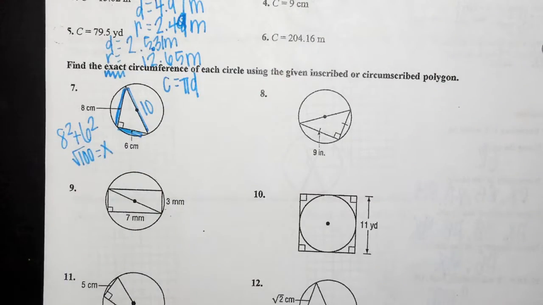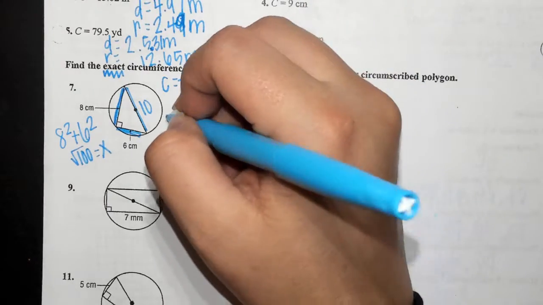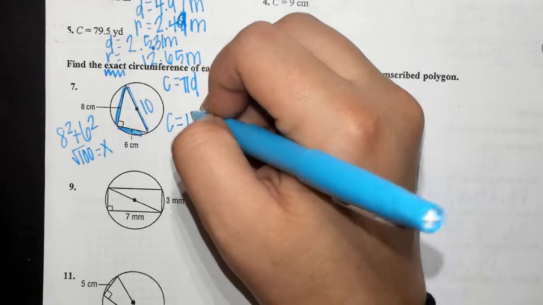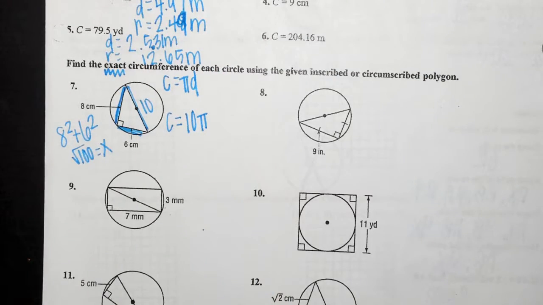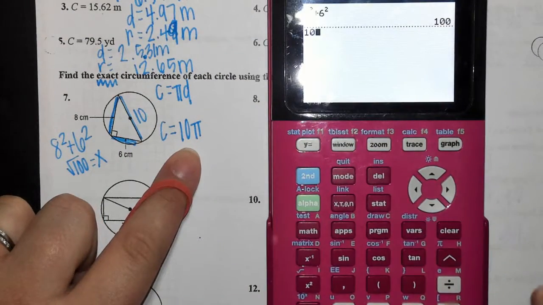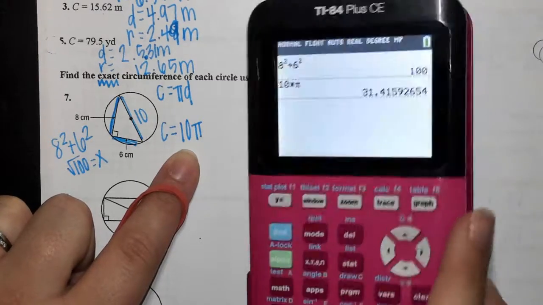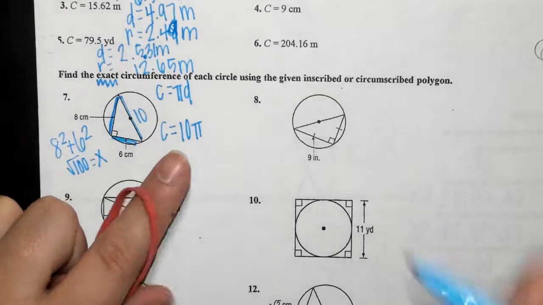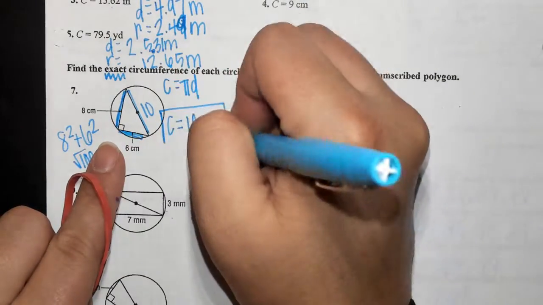So here's what I mean by exact circumference. When I plug in the diameter, my exact circumference is 10 pi, or pi times 10. That's what I mean by exact. Because if I plug 10 times pi into my calculator, I'm going to get a long decimal, and I don't want to round. So my answer for number 7 is just 10 pi.